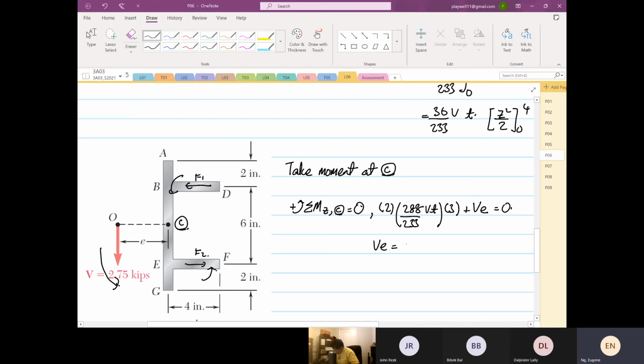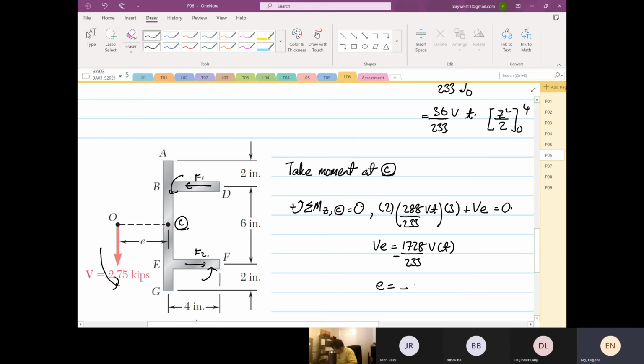VE equal to 2 times 3 divided by 288 over 233 is equal to 1728 over 233 V multiplied by T. So E, this is minus, I have to bring across.